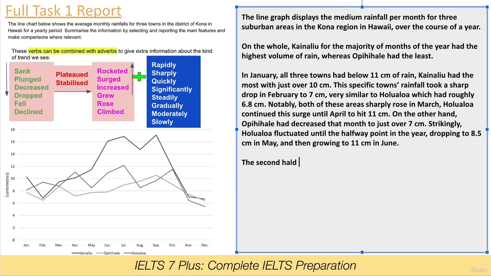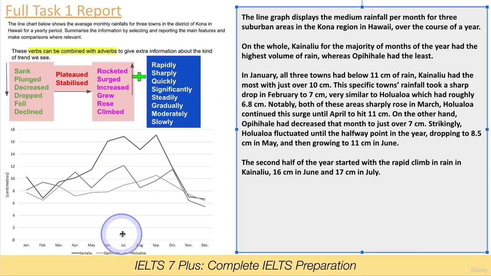So the second half of the year started with the rapid climb in rain in Kanaliu, 16 centimeters in June and 17 centimeters in July. Holualoa reached 12 centimeters in July.